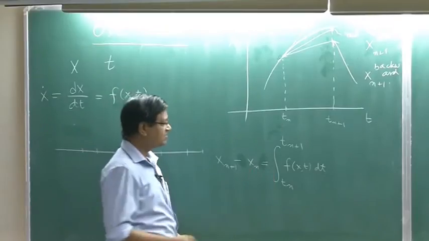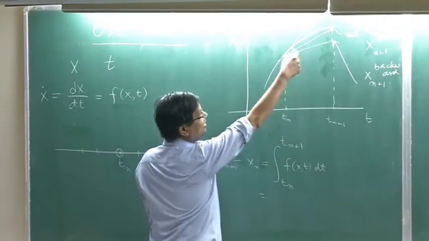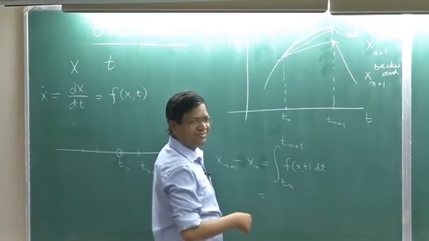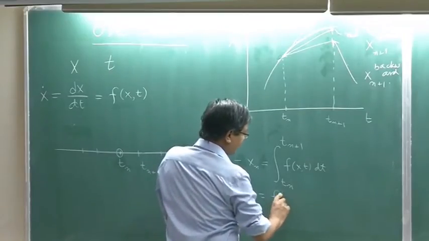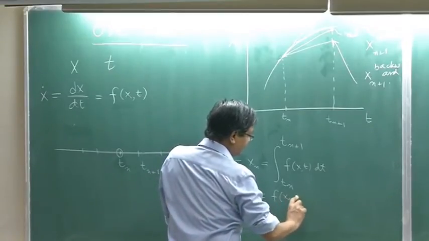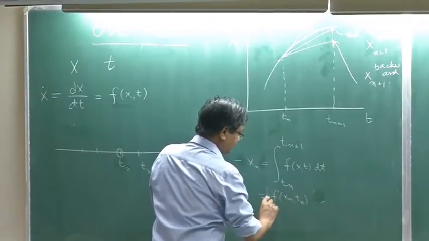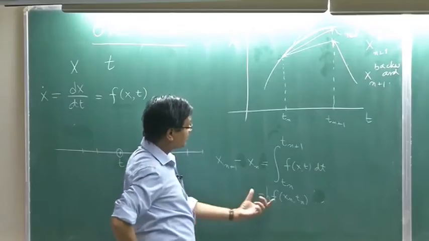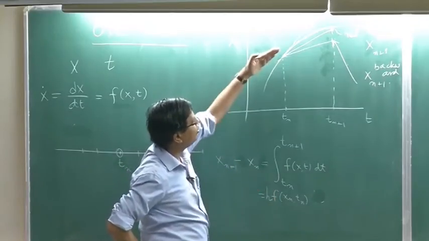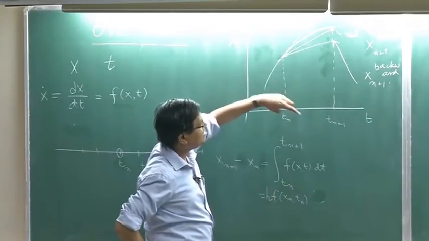So one way to estimate it is f at x_n, t_n multiplied by h. That is a stepping, no? So use the slope and multiply by h.